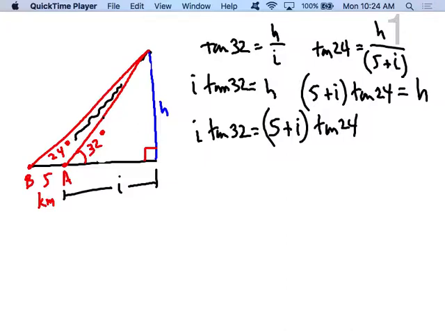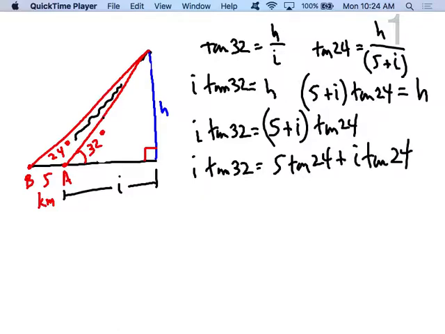This is where I talk about when you take approximations and you keep doing calculations with approximations, it's going to cause problems. Distributive property. What am I solving for? i.